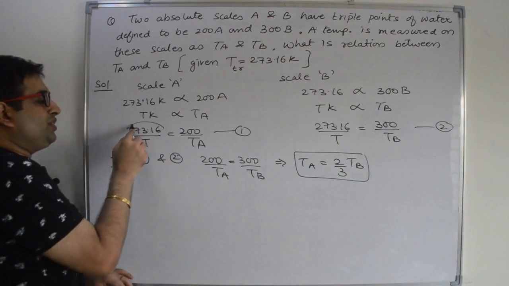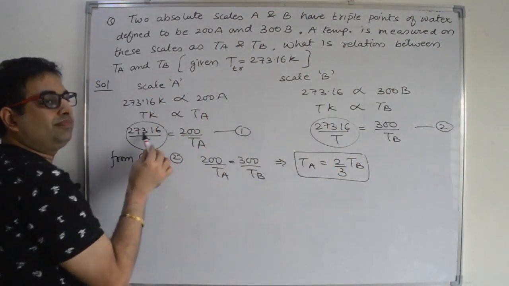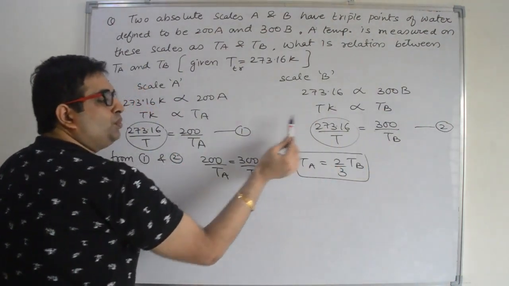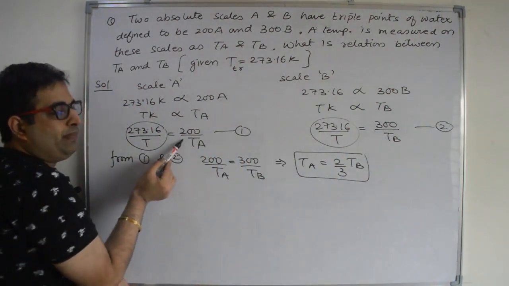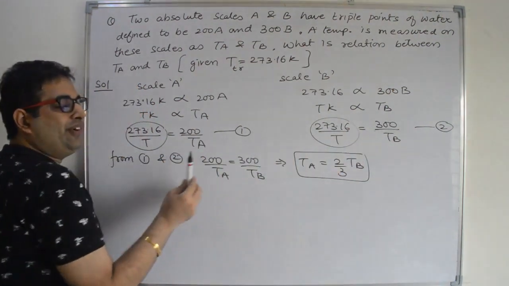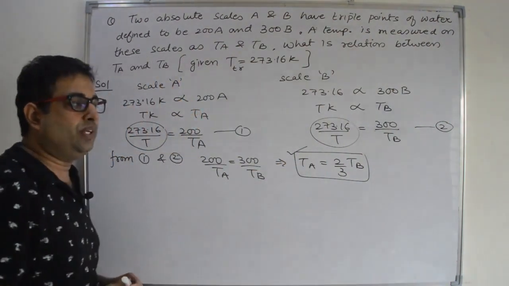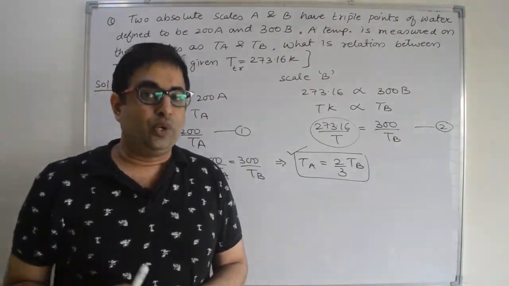Because these two are exactly equal, the remaining two are also equal. So compare it: 200 divided by TA is equal to 300 divided by TB. Solve it, you will get TA is equal to 2 by 3 TB. Right? I hope you understood this.